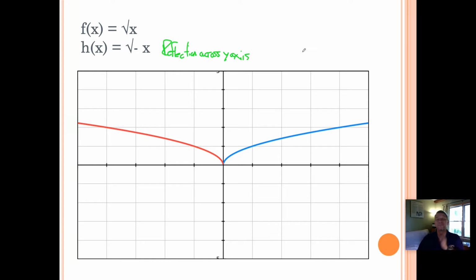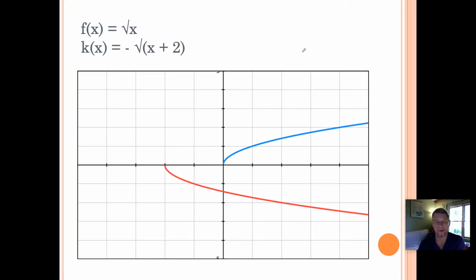From today's quiz, if you go back and think about it, what kind of function would this be? When you have a reflection across the y-axis, this is a function, specifically an even function. That's what a reflection around the y-axis actually is.